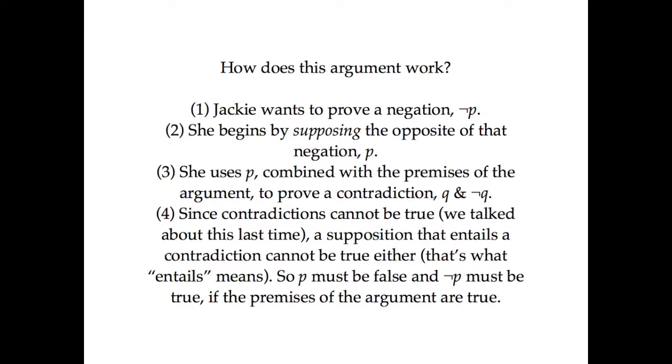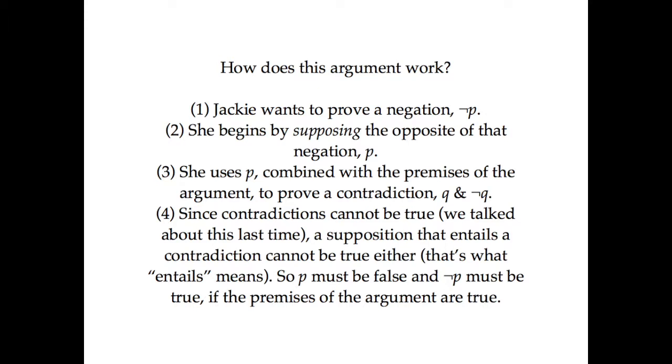And she uses that statement, combined with all of the other premises that the preacher had given her, to prove something that is contradictory. To prove that evil is all prevented, but that evil still exists in the world. Now remember, we talked last time about how contradictions cannot be true.